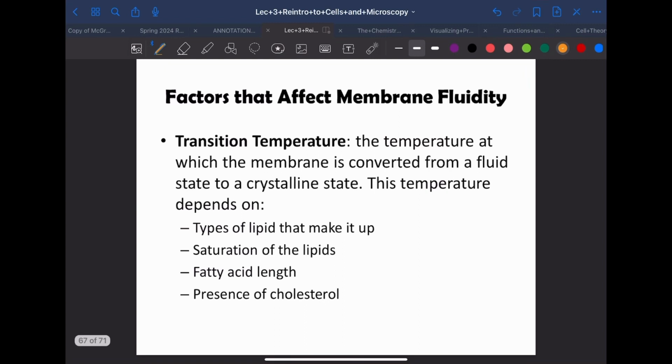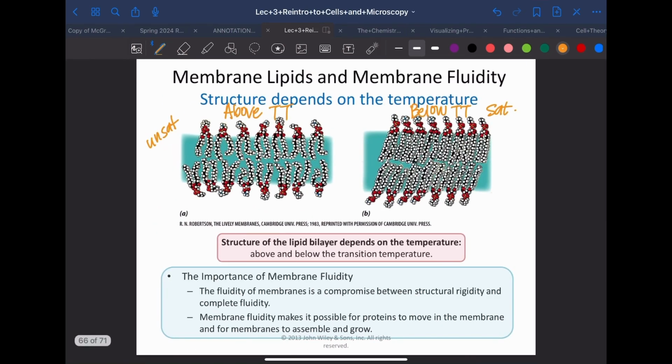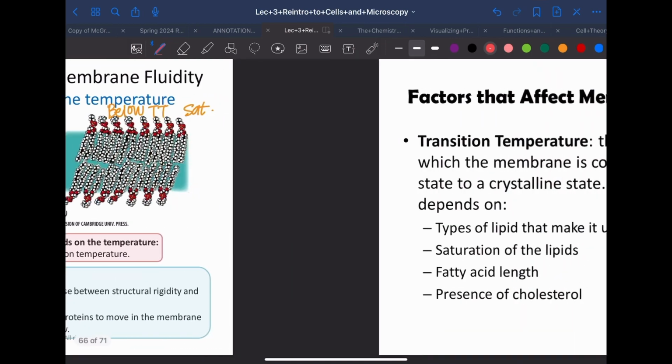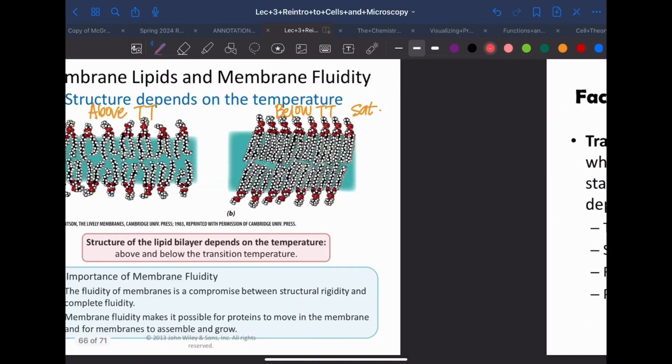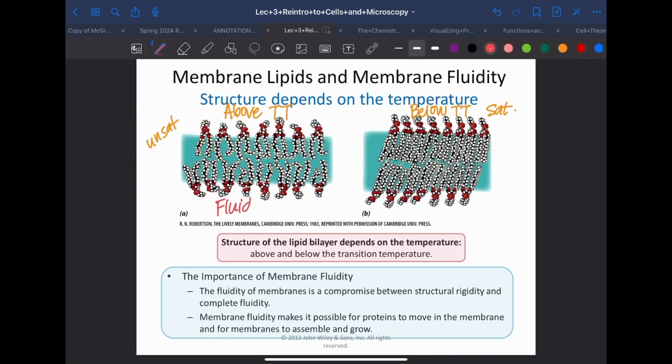So here it is. It's the temperature at which the membrane is converted from a fluid state to a crystalline state. So if I go back here and label, here's my fluid state, and this one is my crystalline state.